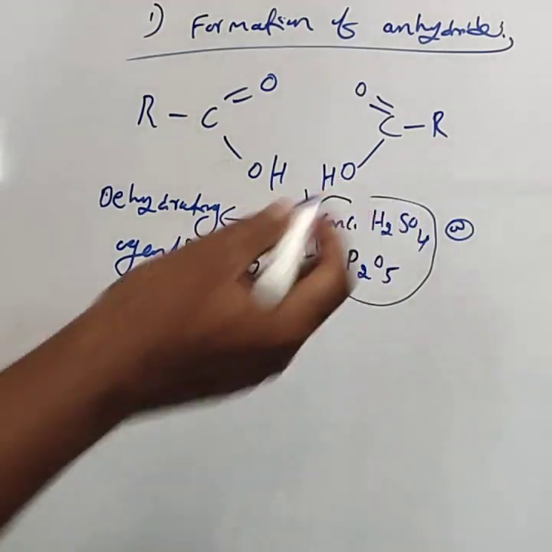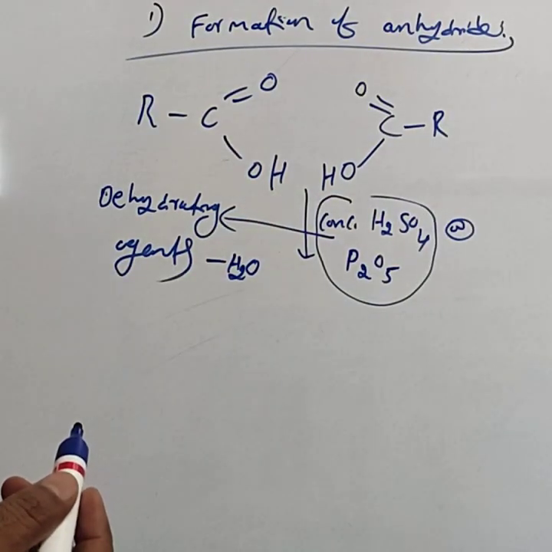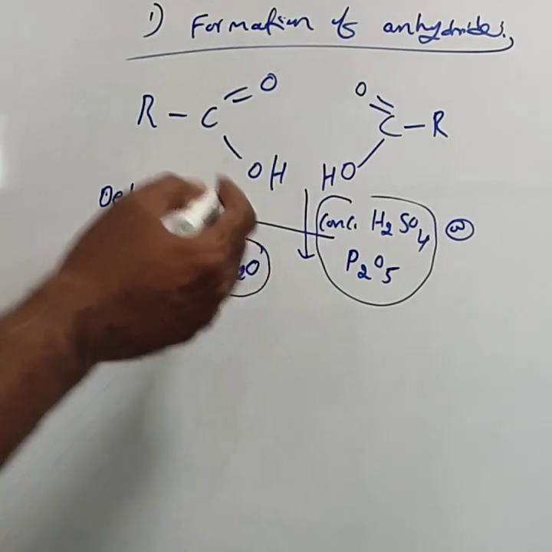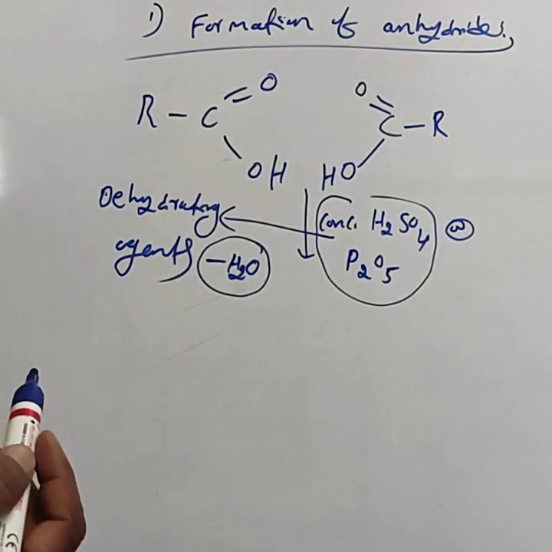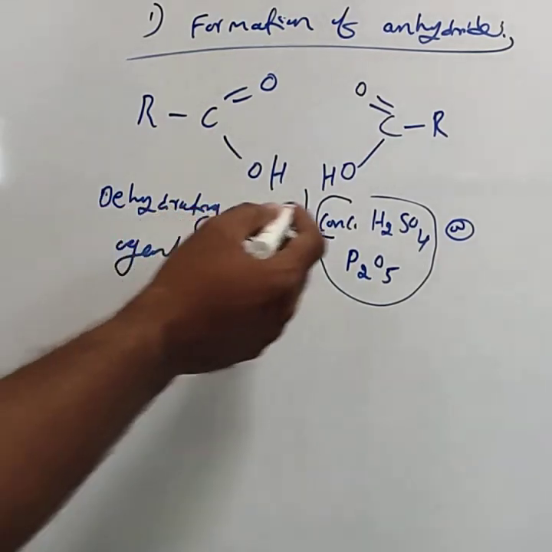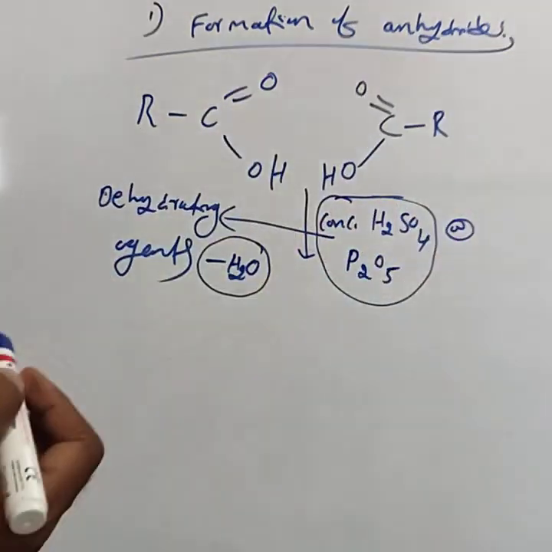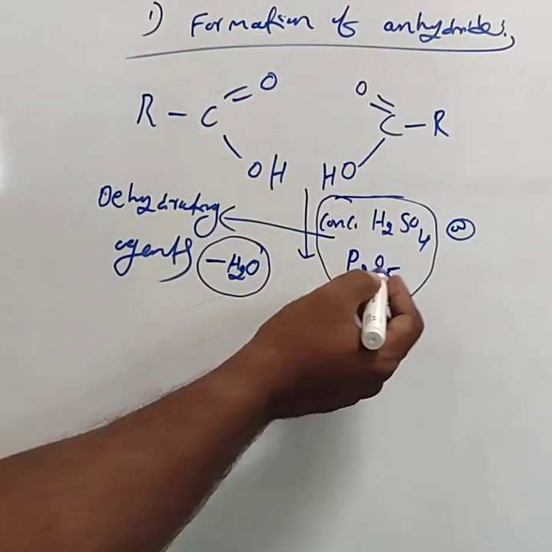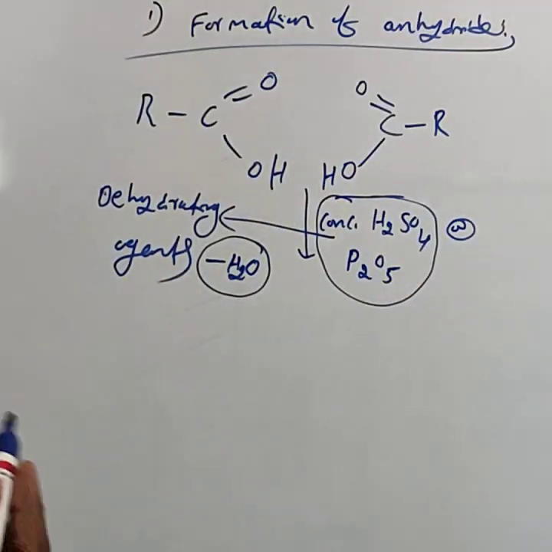If they are given sulfuric acid on the arrow, we have to remove the water molecule. That process is called dehydration. One of the powerful dehydrating agents is the concentrated sulfuric acid, even phosphorus pentoxide.